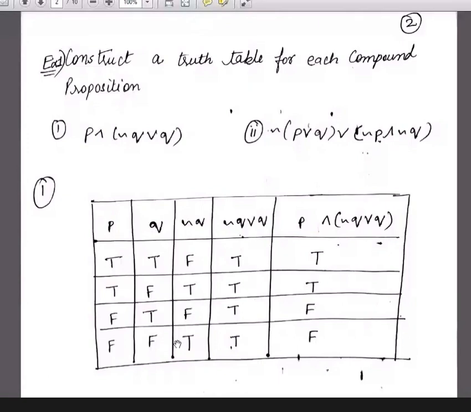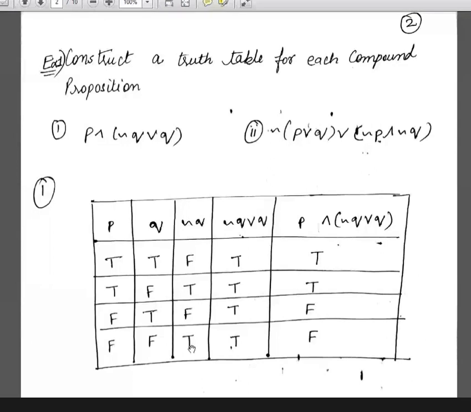Now the next column is negation Q, so you have to take the negation of Q. Look at the Q column. The first row in the Q column is true, so its negation is false. Then false, its negation is true. Then true, its negation is false. Then false, its negation is true.